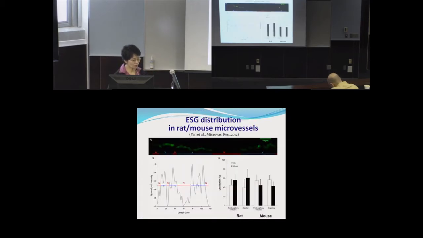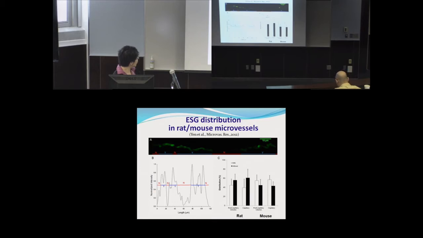And we also wanted to know, in the length scale of like 100 micron, if the glycocalyx distribution is uniform or not. So we take one segment of 120 micron, and then we do an integration to find the intensity. You see the green one in the dark region. So we have a normalized intensity.